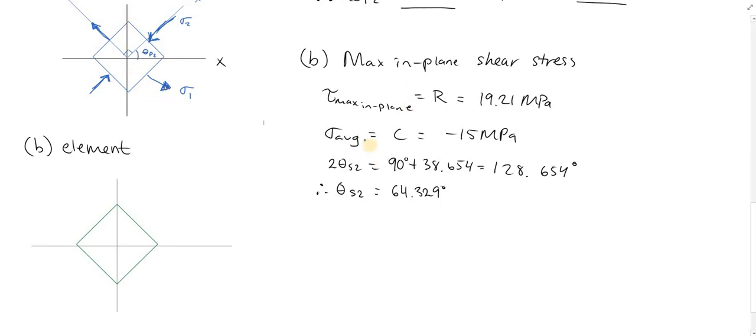So first of all, we had a negative average normal stress, which means it's going into the element. And it will do so from both directions.